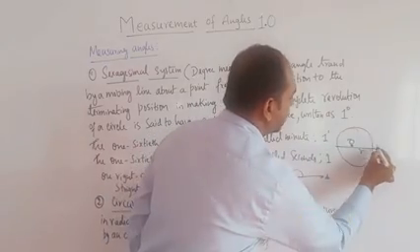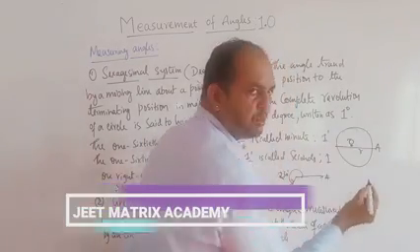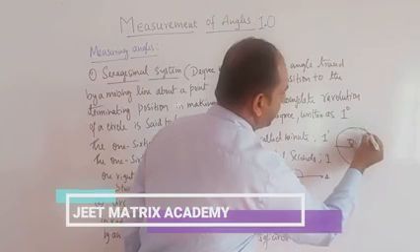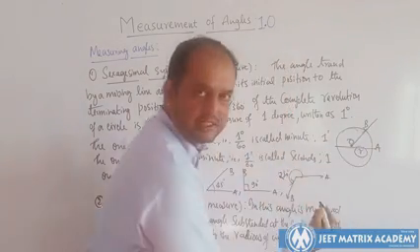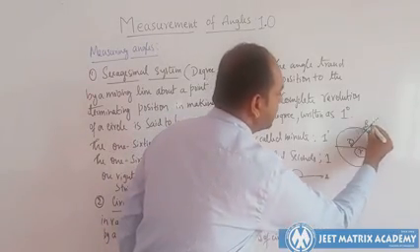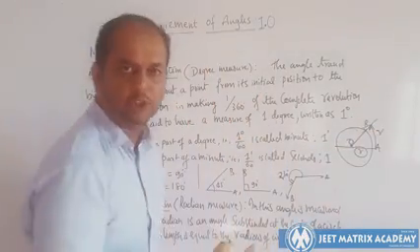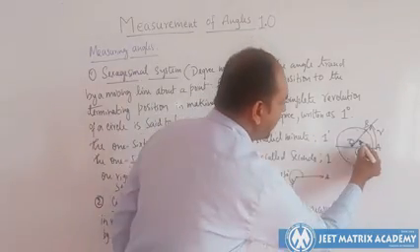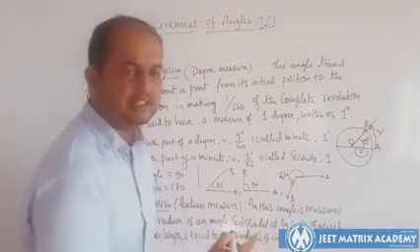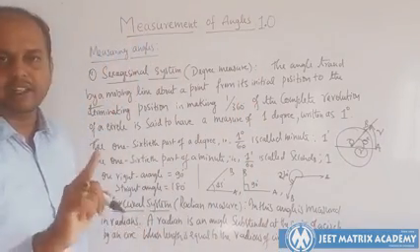This is the vertex O, this is A. If you extend to the terminating point B such that the arc distance AB is equal to the radius, then the angle made is known as 1 radian.